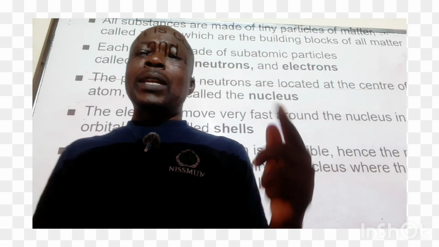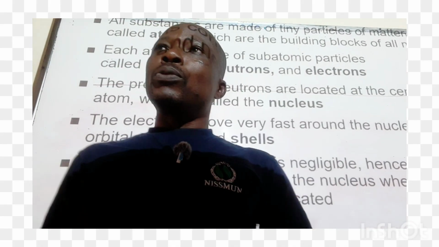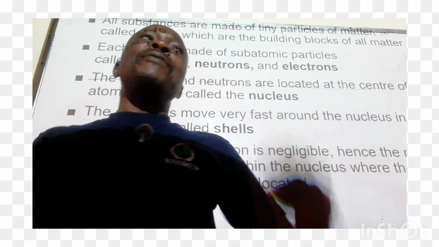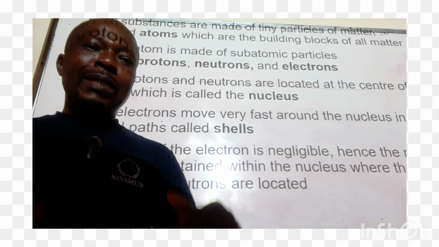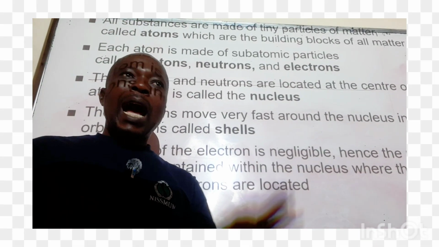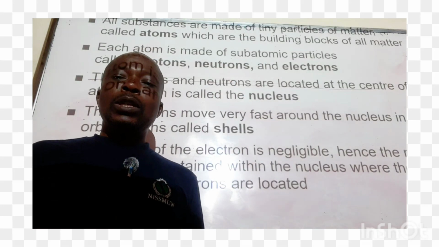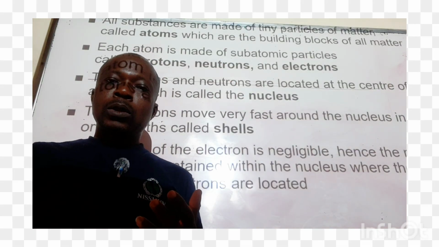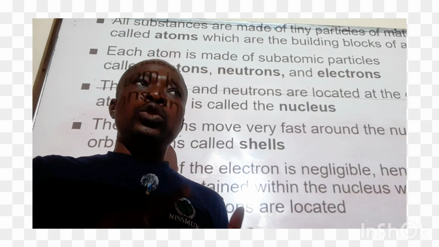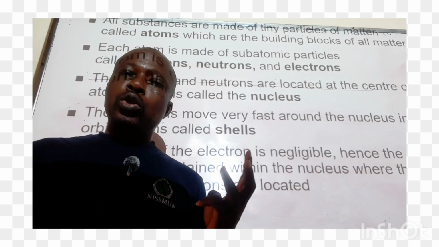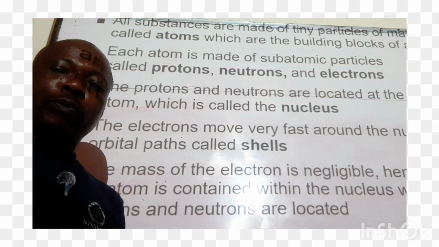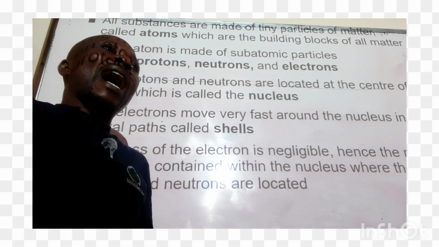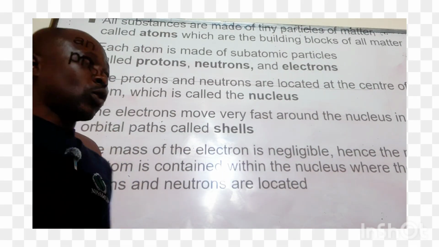Even though we say that the atom is the smallest particle of an element that can take part in chemical reaction, the atom still has subatomic particles, smaller particles that are contained in the atom. An atom has three main particles: the proton, the electron, and the neutron, or protons, electrons, and neutrons. These are subatomic particles, other particles that are still contained in an atom.